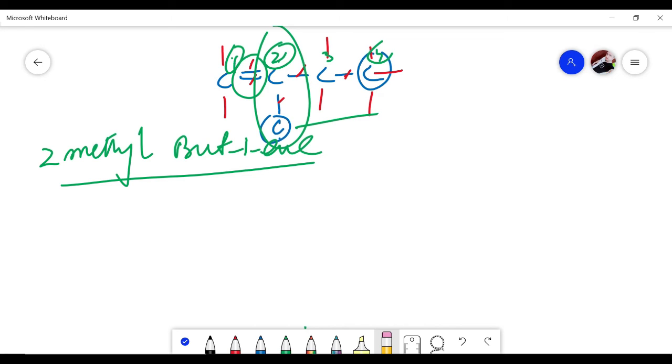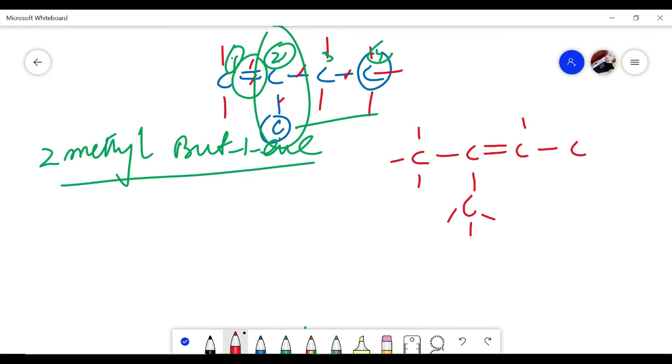Yes, sir. Okay. Now, can we have a different shape? Let us see once again. 1, 2, 3, and 4 carbons. Now I'm shifting the double bond here, and I'm putting the CH3 group, the additional carbon, here. All the hydrogens completed.